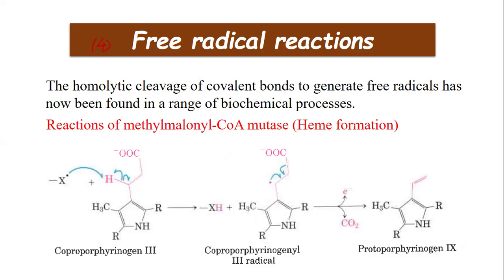So the formation of heme group is one of these examples. As you can see here, this free radical will grab the proton from here, and by grabbing the proton, it will create a free radical in the structure, which will then further be stabilized by breaking of this bond, this one.